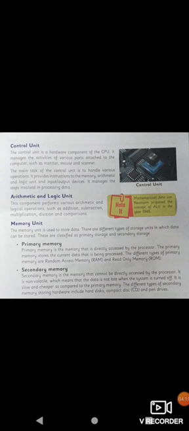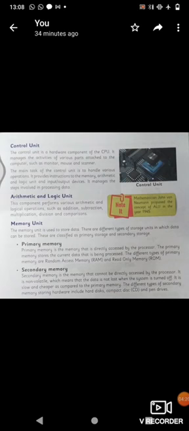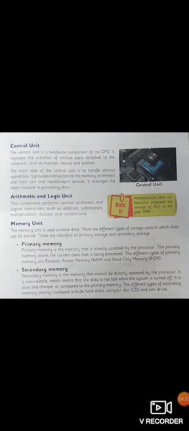It manages the steps involved in processing data. Alright students, so control unit is nothing but it's controlling the entire process of the computer. It controls the various parts connected to the computer like the monitor, mouse, scanner.